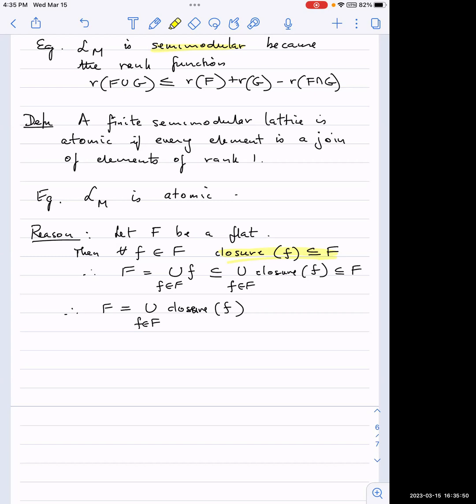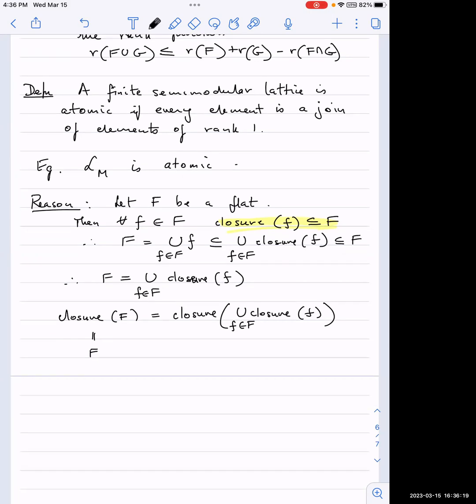Couple more lines here. So closure of F, where F is a flat, is equal to the closure of the union of the closures. Right, a little tongue twisting there.